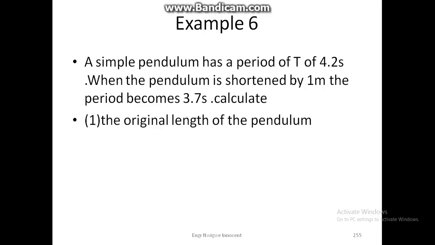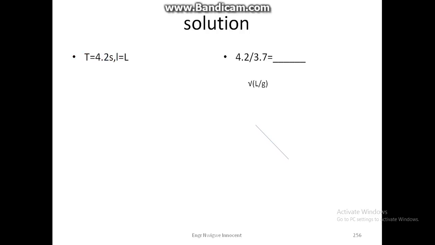Solution: we are given that the period T is equal to 4.2 seconds and the normal length is L. The formula for the period is 2 pi square root of L over g. Replacing the values, we have 4.2 equals 2 pi square root of L over g. This is our equation 1.